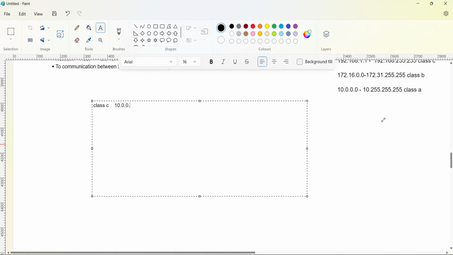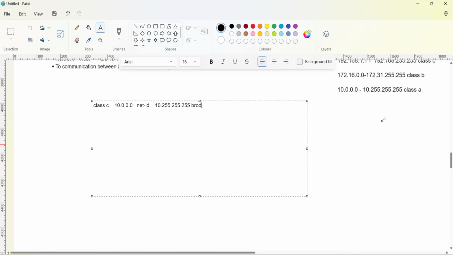0.0.1. This first one is the network bit, the network ID, and the last one is 10.255.255.255. This is the broadcast IP, the broadcast ID.